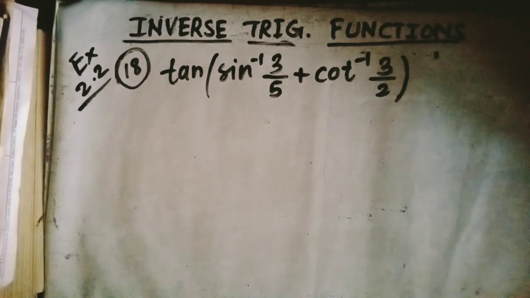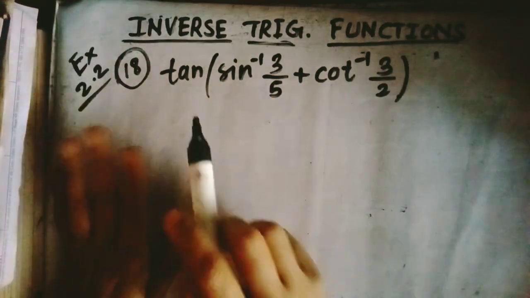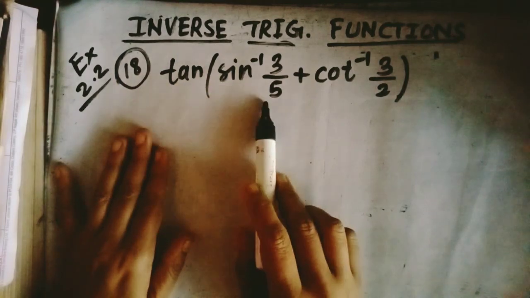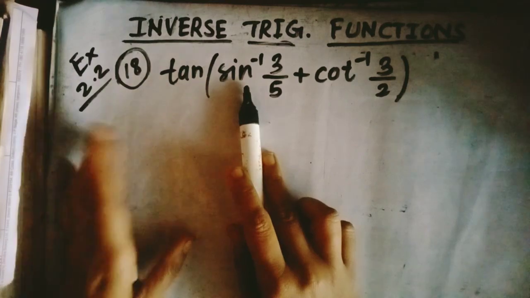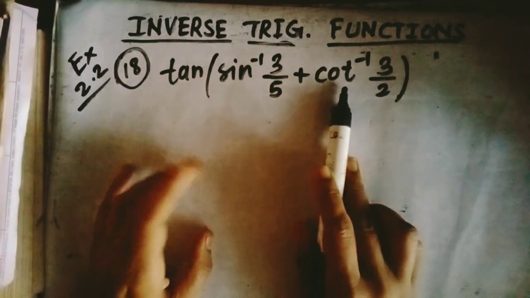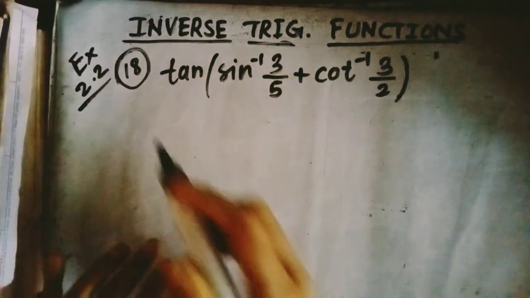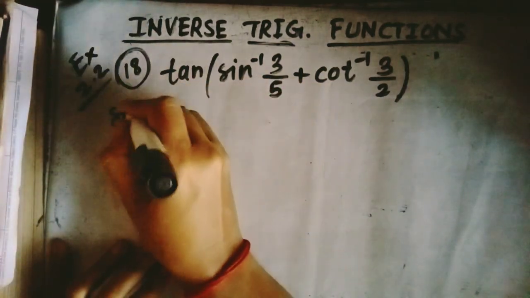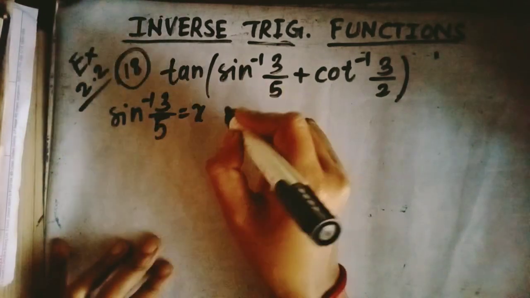Question number 18. You have to find the value of this. This is pretty easy because this is sine inverse 3 upon 5. You have to convert this into tan form, and this also into tan form, which we can do by using the triangle method. So I am taking sine inverse of 3 by 5 as x.